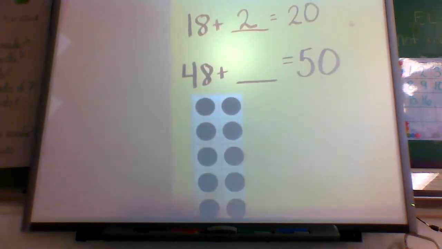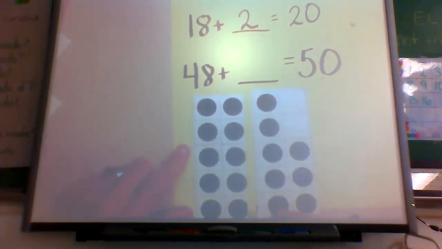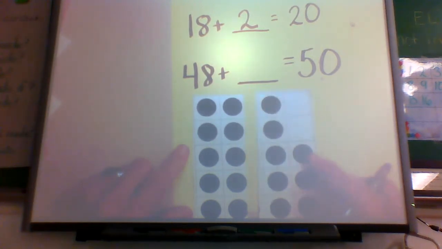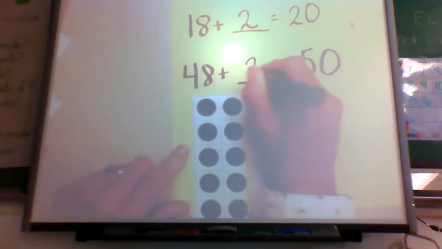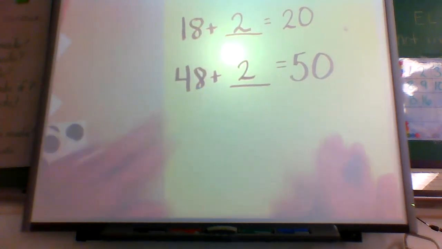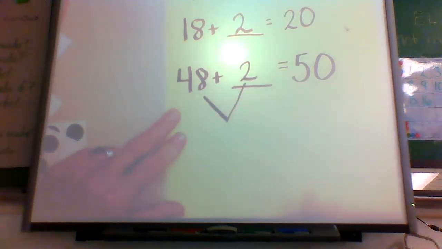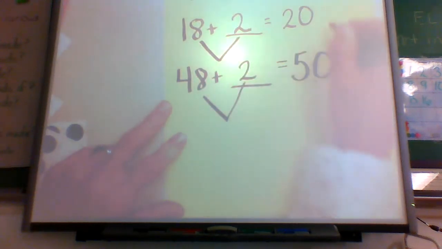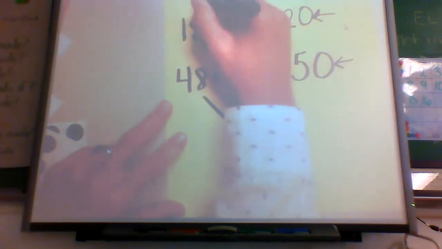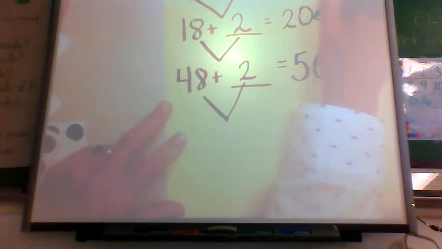There's 40, 45, 46, 47, 48. What do I need to add to the 48 to get 50? Why, of course, 2. Notice that we were focusing on these 2 numbers to make this a 0. These 2 numbers to make that a 10. These 2 numbers to make this a 10.